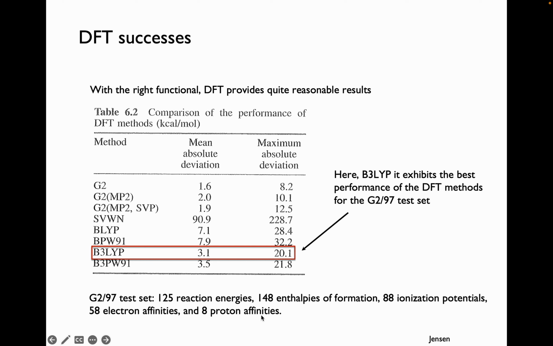So again, this very common functional is B3LYP. If you're an experimentalist looking to do some calculations, often B3LYP and 6-31G star is where you start. Part of the reason for that is that, broadly speaking, over test sets on lots of properties, reaction energies, enthalpies of formation, ionization potentials, electron affinities, proton affinities, B3LYP does pretty well.